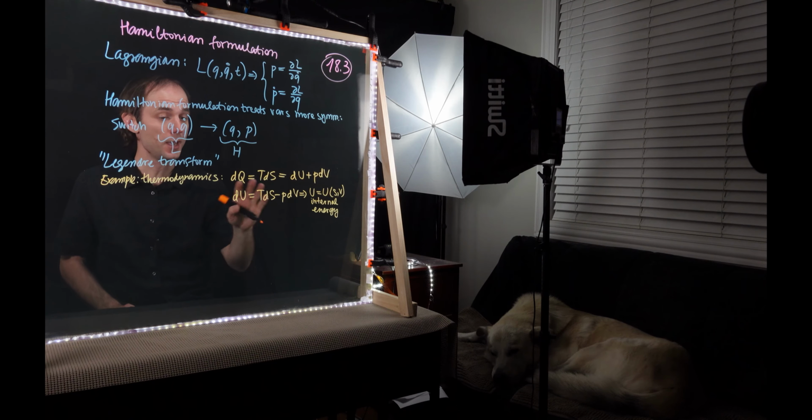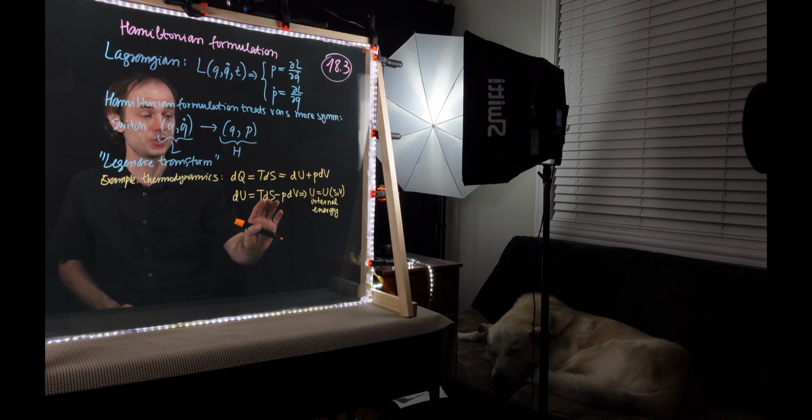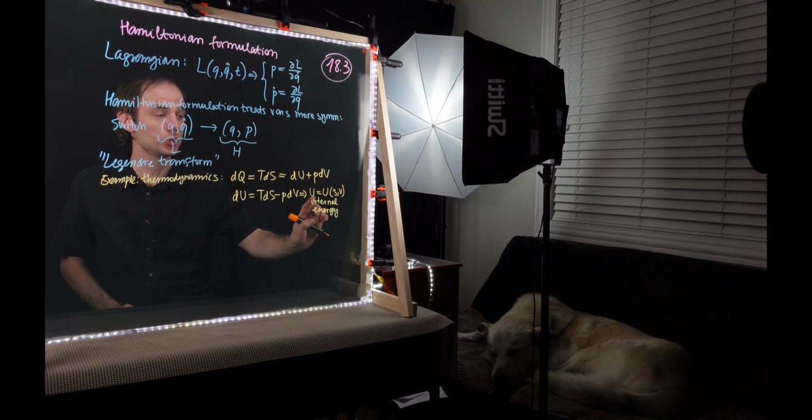So if we express the differential of internal energy, we will see that it is a function of the variables S and V, because these are the differentials that are present when we difference U. So we can write down that the internal energy is a function of the entropy and the volume.